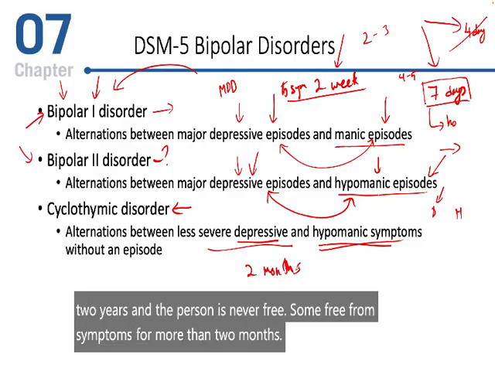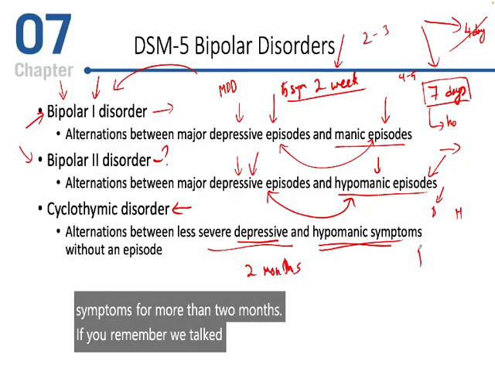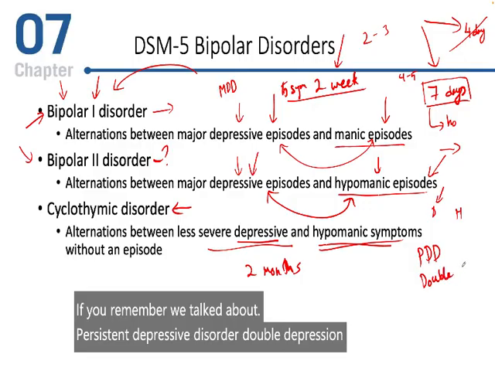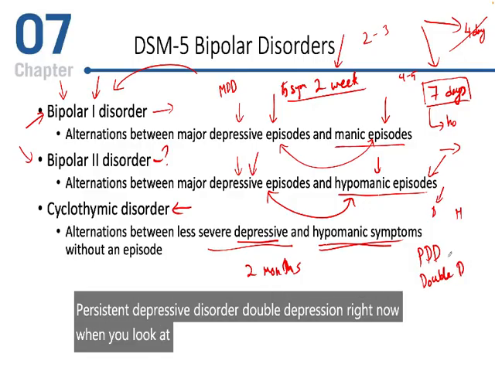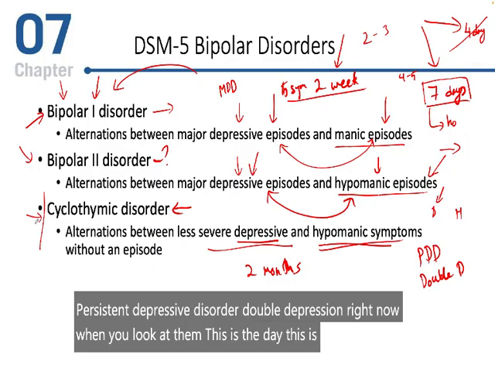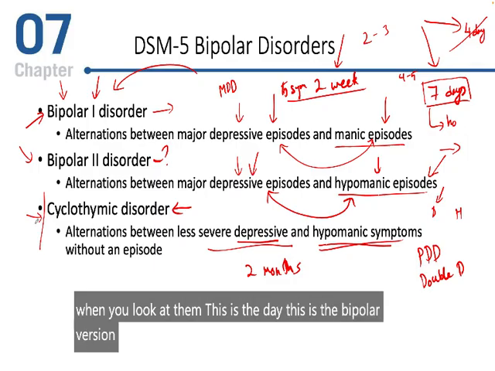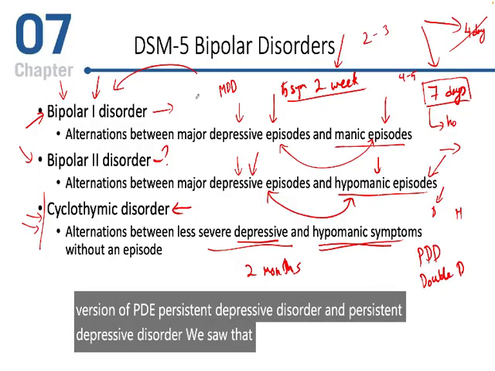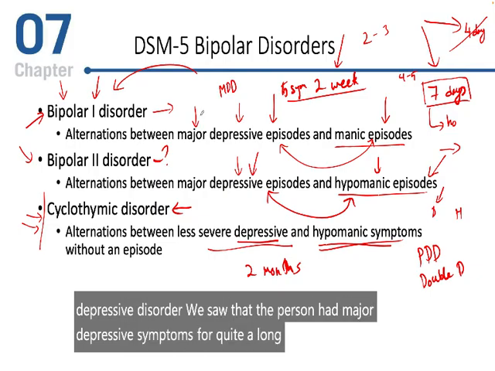Now, if you remember, we talked about persistent depressive disorder, double depression, right? Now, when you look at them, this is the bipolar version of PDD, persistent depressive disorder. In persistent depressive disorder, we saw that the person had major depressive symptoms for quite a long time, 2 years.